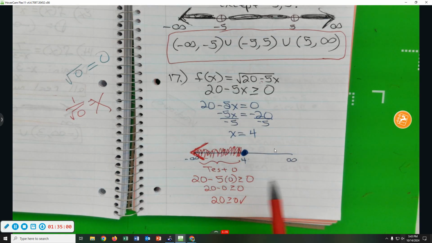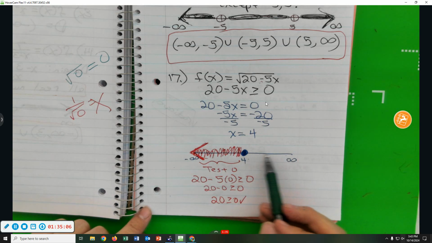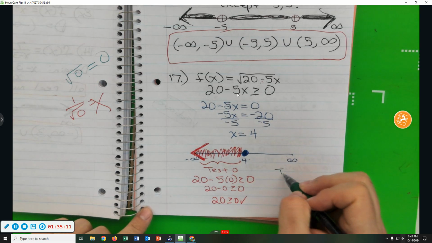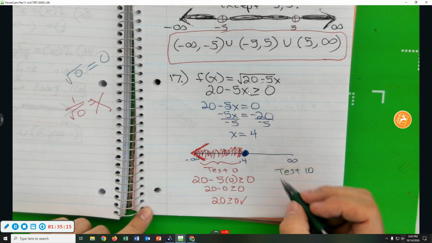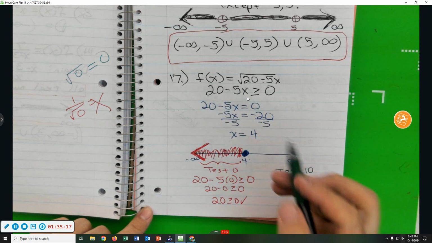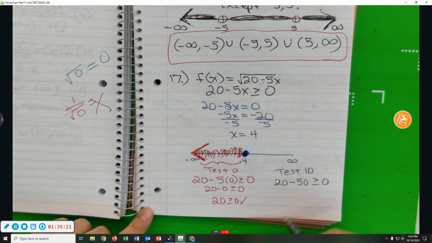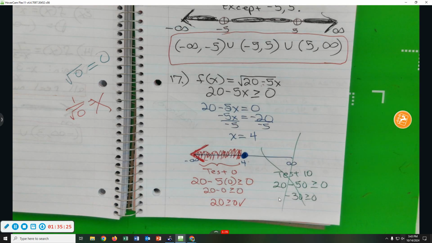If we had tested 10 the way Tony said a moment ago, do you agree 10 would be out here to the right of 4? So you test 10, and you already got the answer. 20 minus 5 times 10 is 50. Is that bigger than 0? No, it isn't. When you knew this side checked, you knew that side didn't.